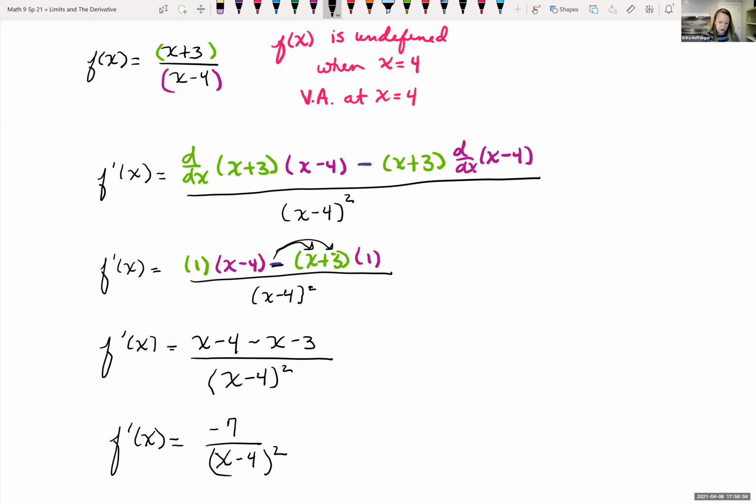So we want to find our critical numbers. That is where it was set equal to 0, and where it's undefined.